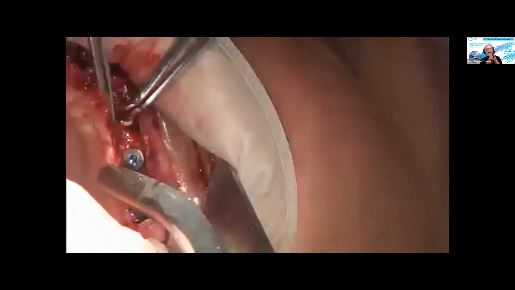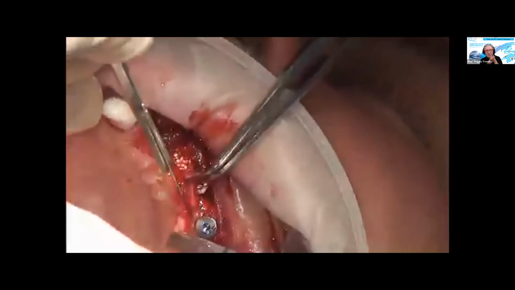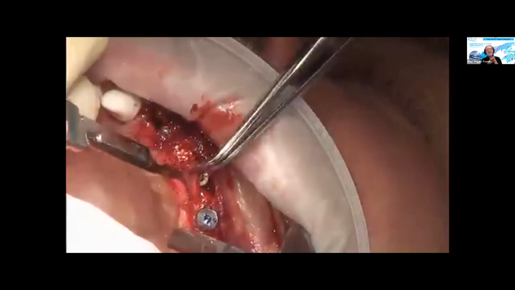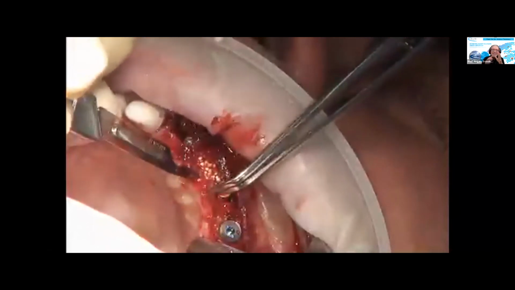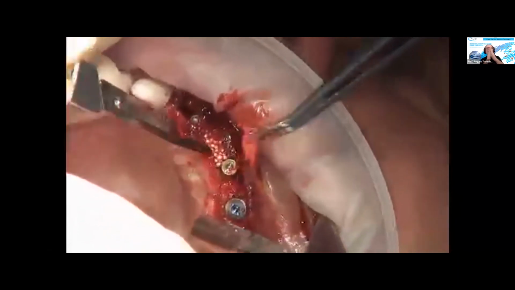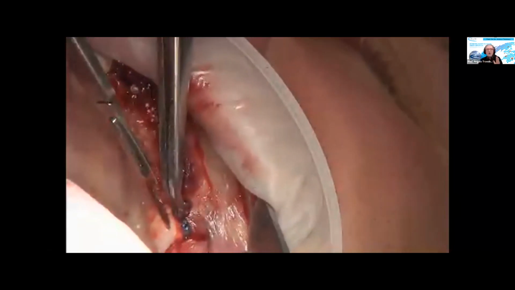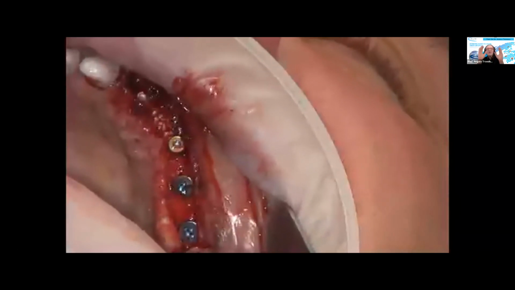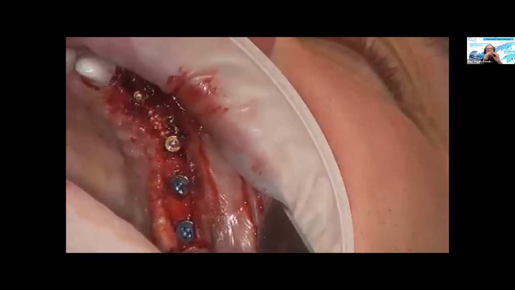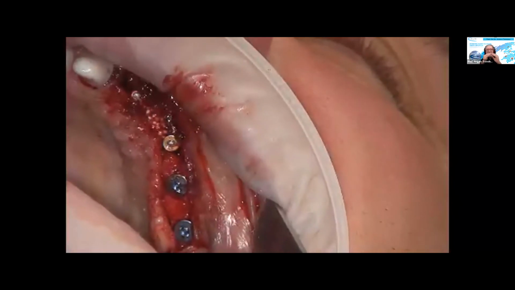When you do an autologous connective tissue transplant, you are doing exactly the same. Instead, in this case, we just reduce the thickness of the mucosa. And as you can see, once you reduce the thickness of the mucosa, suddenly you can close it primary closed.